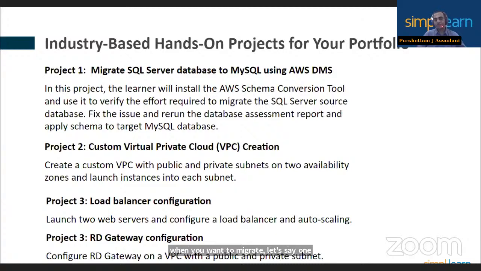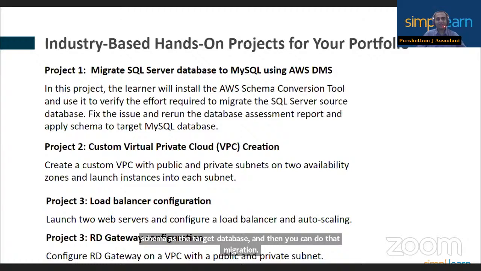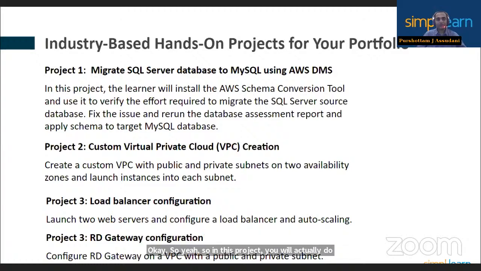If it is Oracle to MySQL, it's heterogeneous because the schema will change. So for a heterogeneous database migration, you'll have to make use of the schema conversion tool to bring the source database into the same schema as the target database, and then you can do that migration. In this project, you will actually do that migration.